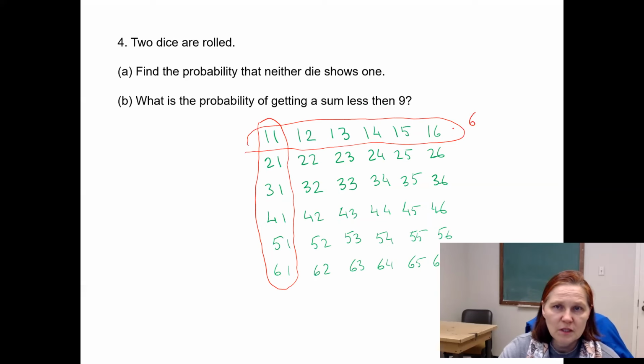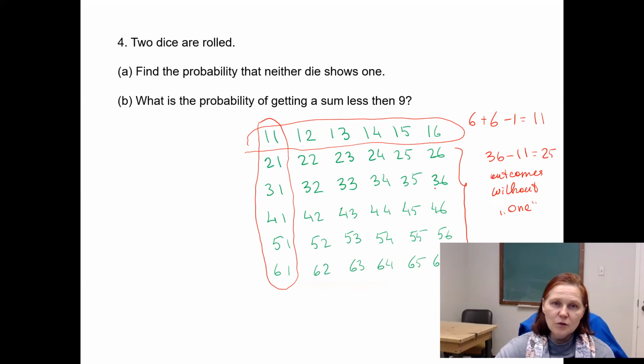So we have 6 in the line plus 6 in the column, and we have counted this outcome twice, so we subtract 1. 12 minus 1, 11 outcomes showing 1. So the rest, 36 minus 11, 25 outcomes without 1.